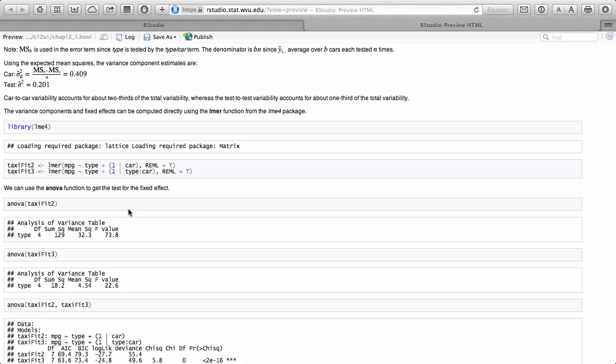You put it in brackets, and to the left you put what car is nested within. In this case, you would think you would put type, but in fact, that's not what you put. That's an incomplete model as I've specified it, but the next one is complete because I have both type and car, which will actually expand out and fit the car effect and the residual.